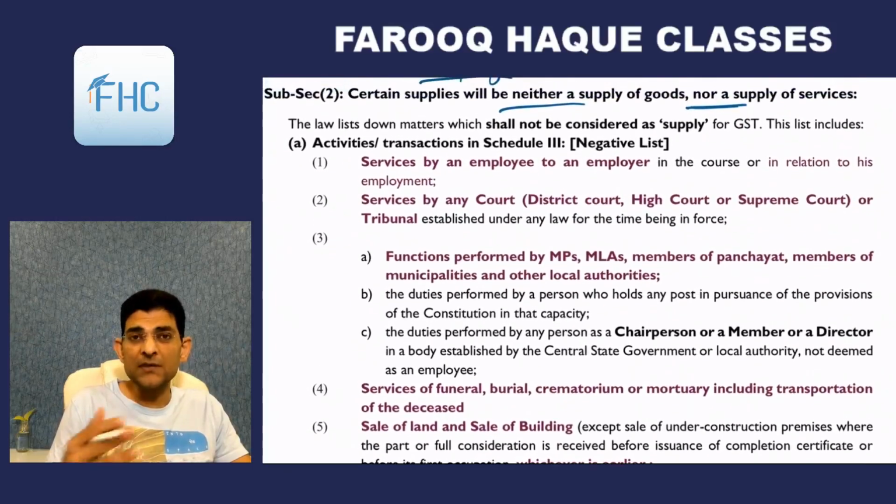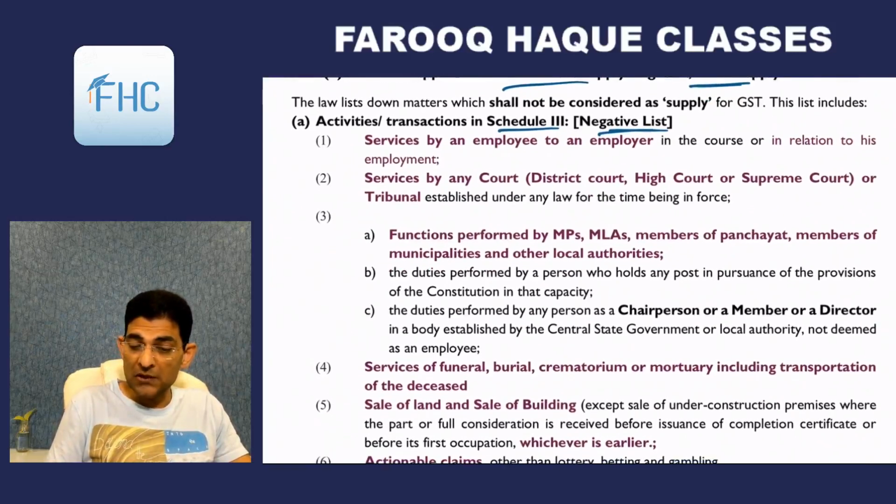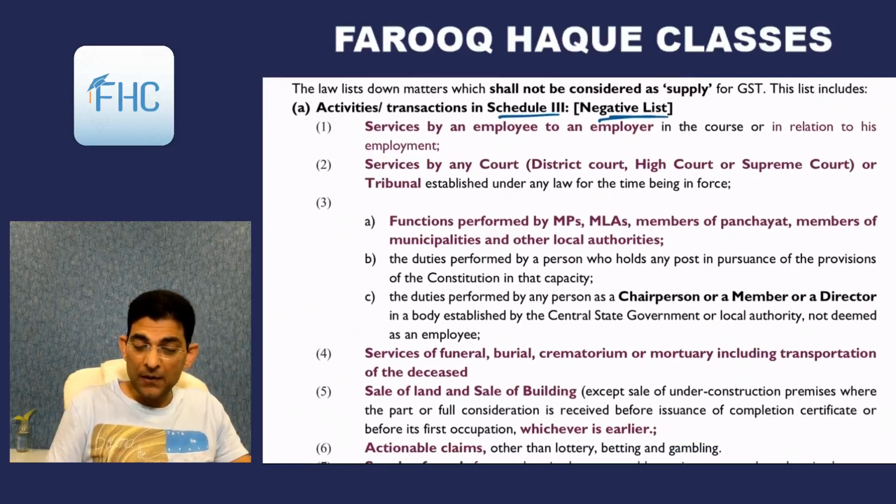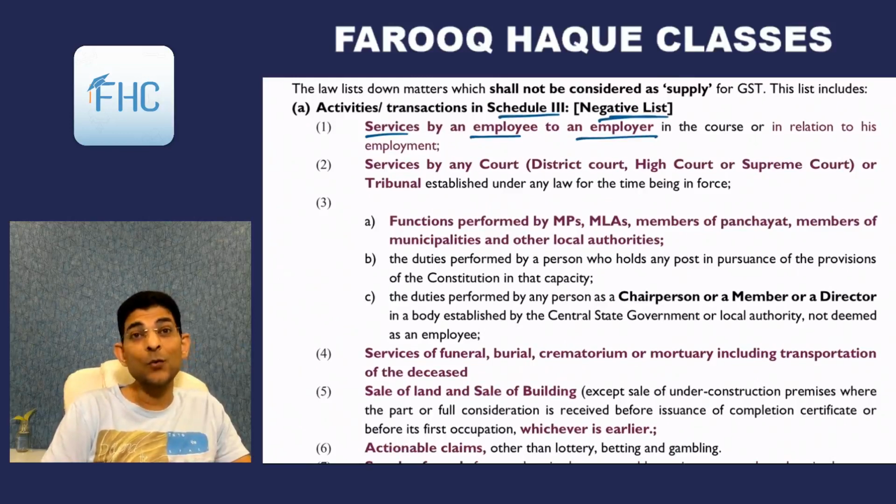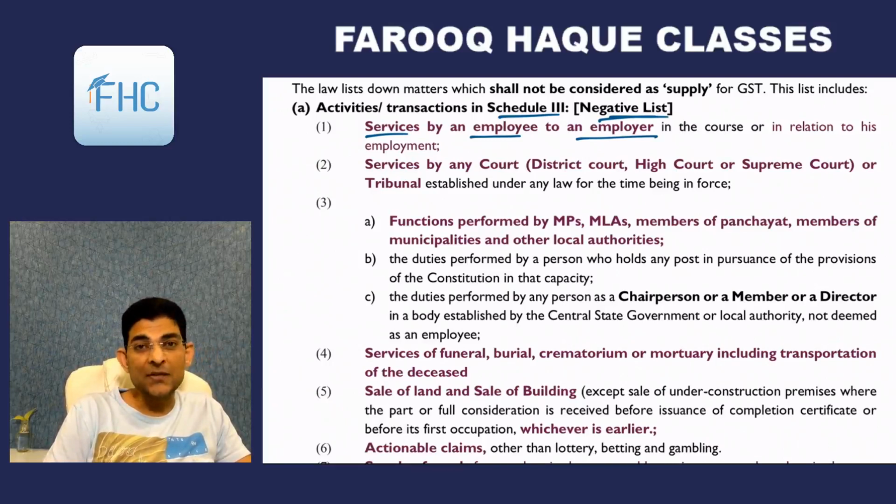Let's see. Means transactions. So they are given in Schedule 3, which we call the negative list, right? And sub-section 2 deals with this. So let's see. Number 1, service by an employee to an employer in the course of employment. This I told you in the last lecture itself, that whatever service is given by employees to their employers is not liable to GST.